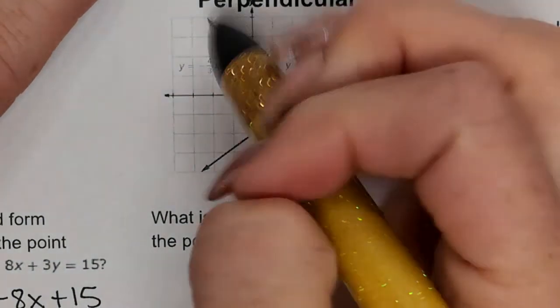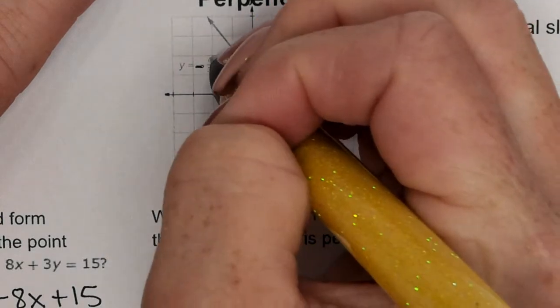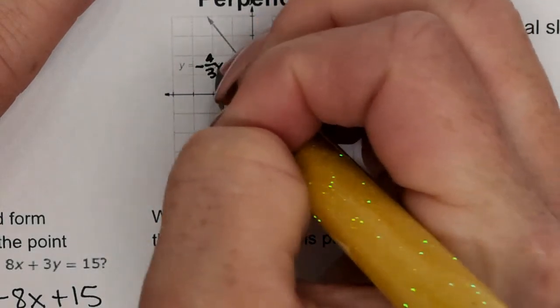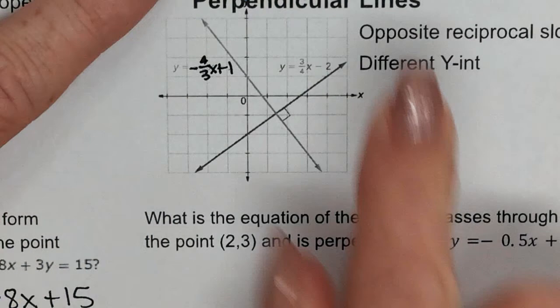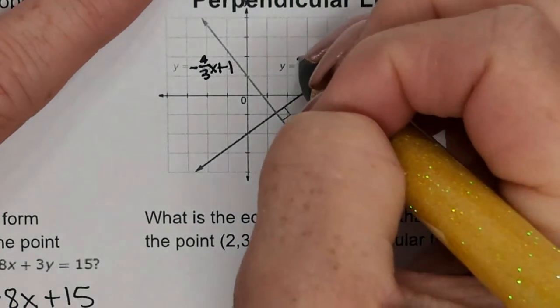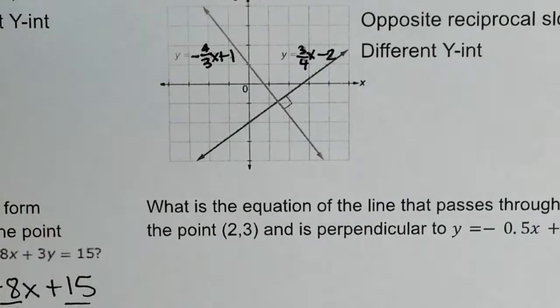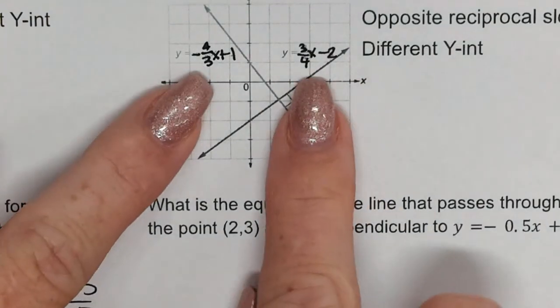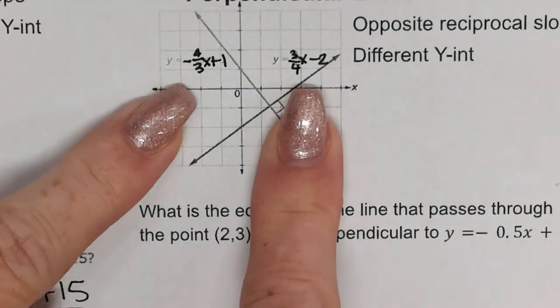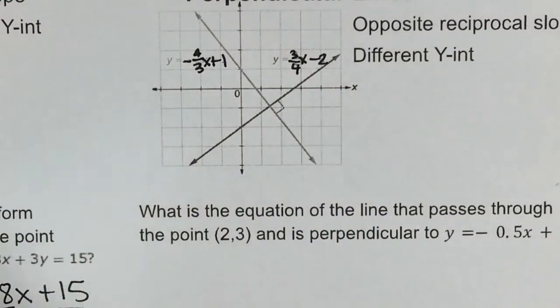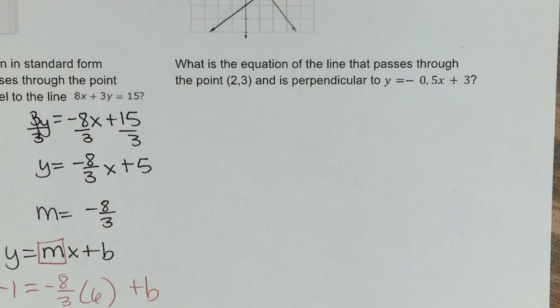This line has an equation of y equals negative 4/3 x plus 1. And this one is 3/4 x minus 2. How do I know that they're perpendicular? The slopes are opposite and reciprocals. They're flipped over. Knowing this, you can solve for an equation that's perpendicular if they give you an equation and a point. So let's look.